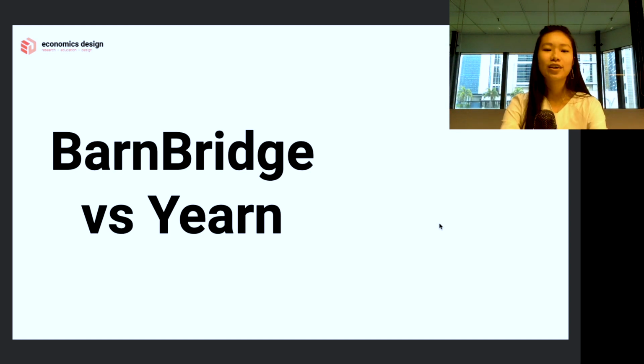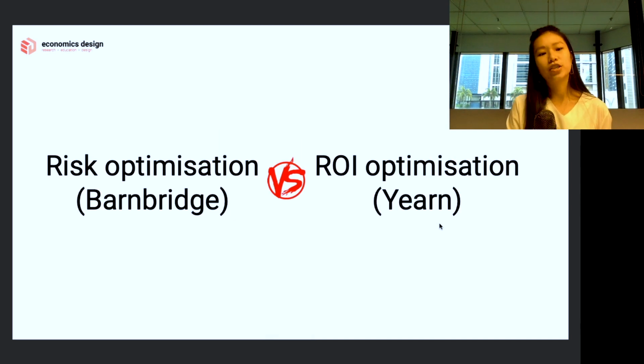So we're going to get started with something that everybody loves, which is the Yearn Finance product. What BarnBridge does is what I would call risk optimization, and what Yearn Finance does is what I call ROI optimization. With Yearn, let's say I've got $100 and I can do 3 things with it.